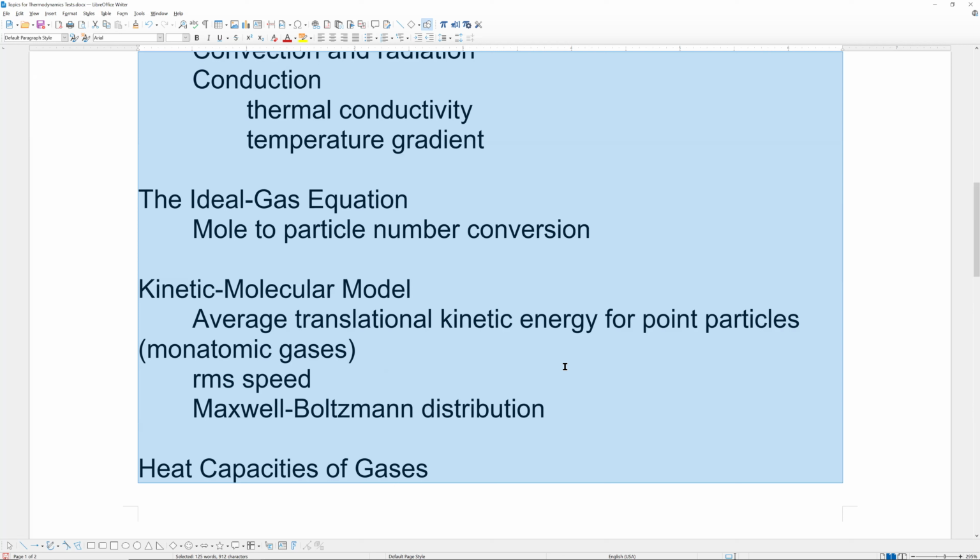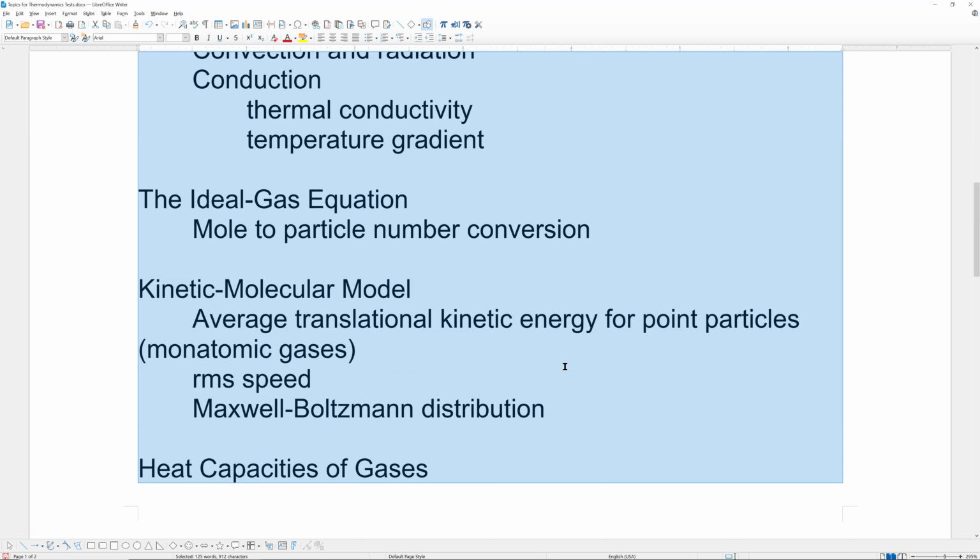And there are some things on this sheet that you won't be tested on, so I'll cross those out. Okay, these hopefully are big enough to read.